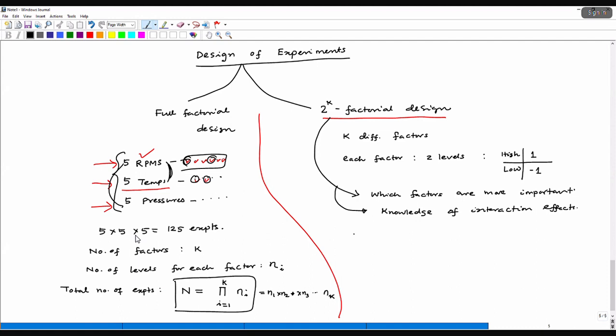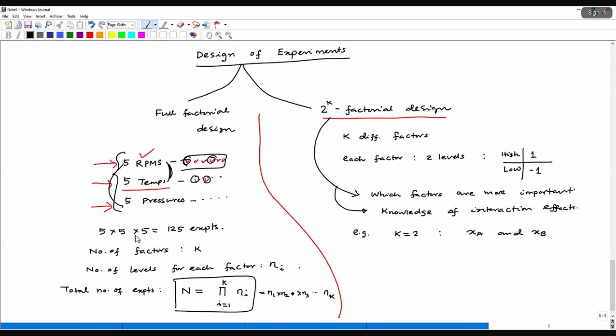So let's say we take an example. We say that k equal to 2. Okay, and let's generalize the factors. Let's say the factors are xa and xb.